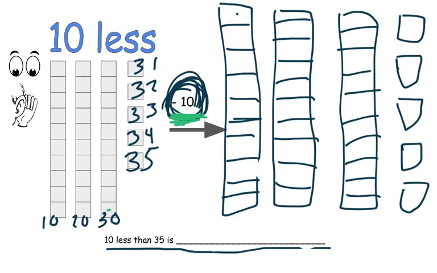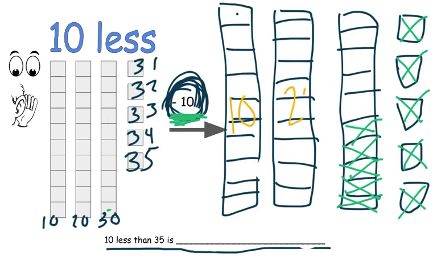So what you want to do then is start with the ones. If it was a 10, you could also start with the ones, and this is what it would look like. 1, 2, 3, 4, 5, 6, 7, 8, 9, 10. And then we would count. 10, 20, 21, 22, 23, 24, 25. Okay.